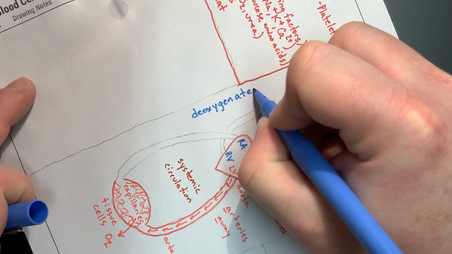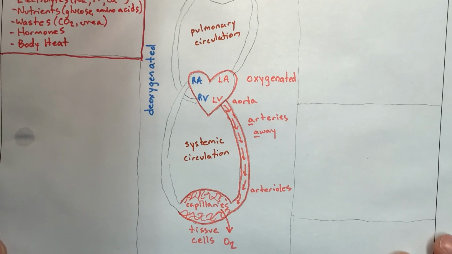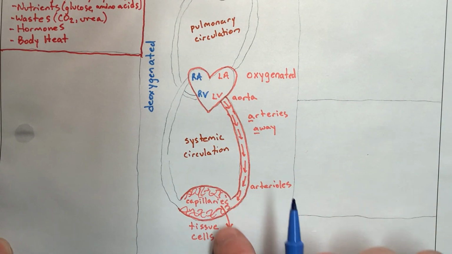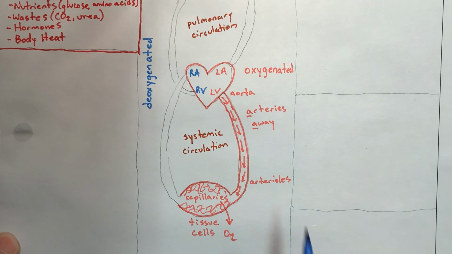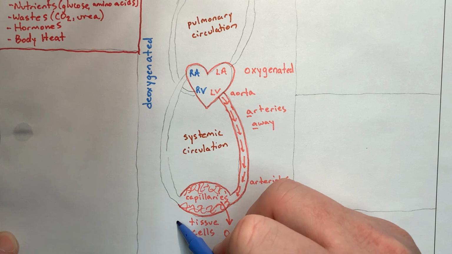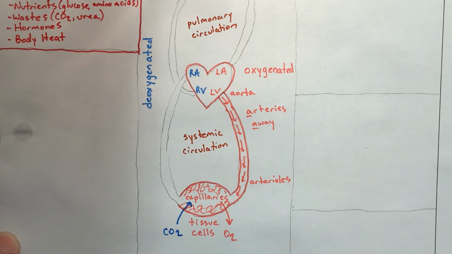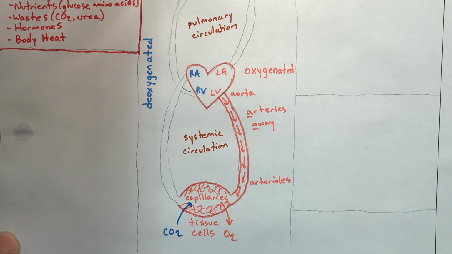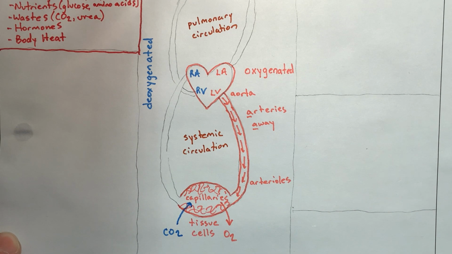Deoxygenated. And still, of course, your blood does have oxygen in it, but just not as much as before that oxygen gets dropped off. And the other important thing that your blood does, and your red blood cells are part of this, and then there are some other chemical reactions in the blood as well, is that the blood picks up carbon dioxide, CO2, as a waste product from the tissue cells. And that happens in the capillaries as well.